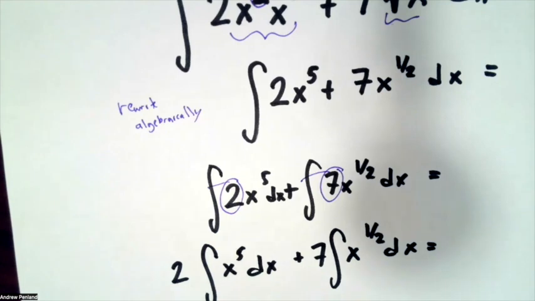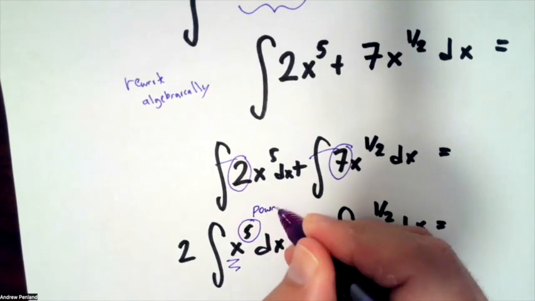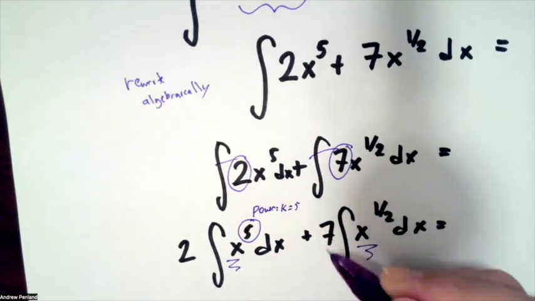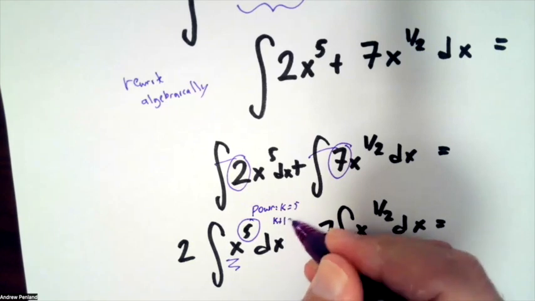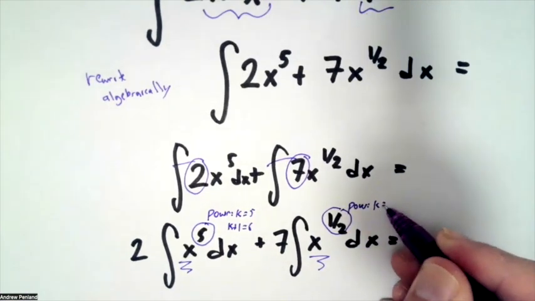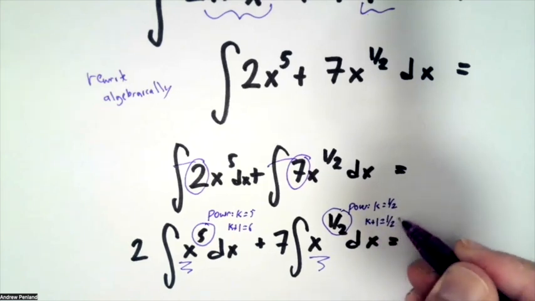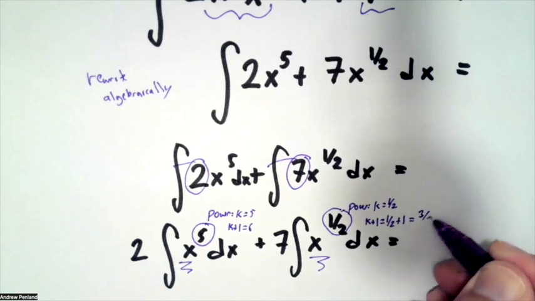Now, on both of these functions, I can apply basic power rule. So here the power k is equal to 5. So k plus 1 would be equal to 6. And here the power k is equal to 1/2. So k plus 1 would be equal to 1/2 plus 1, which is 3/2.